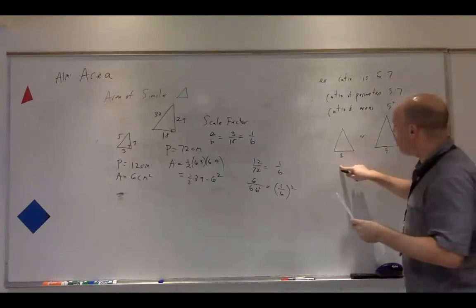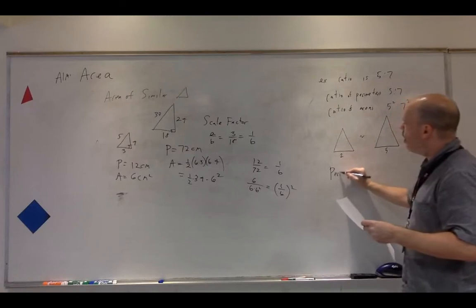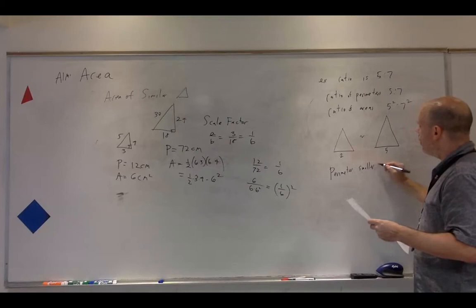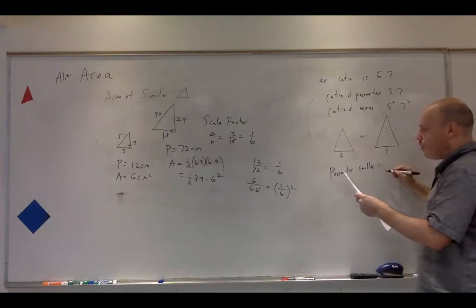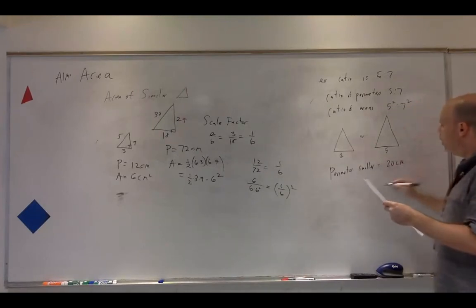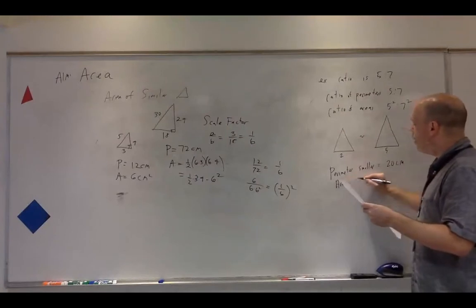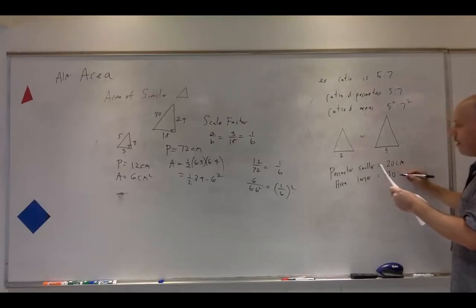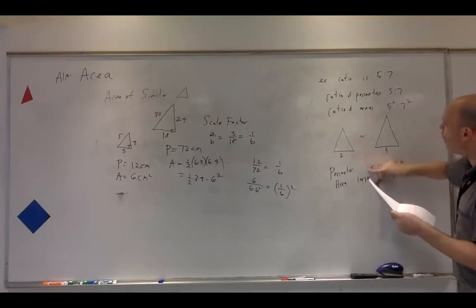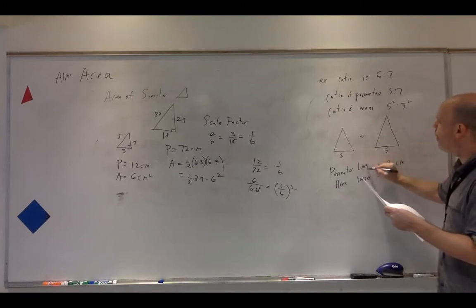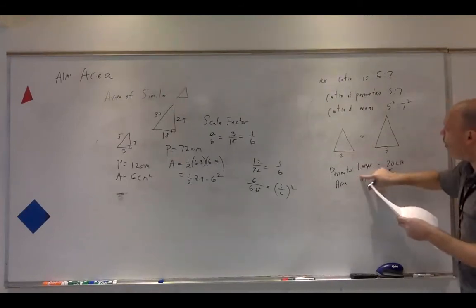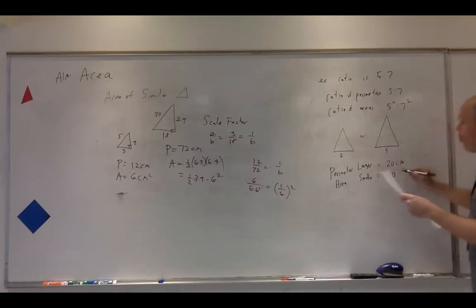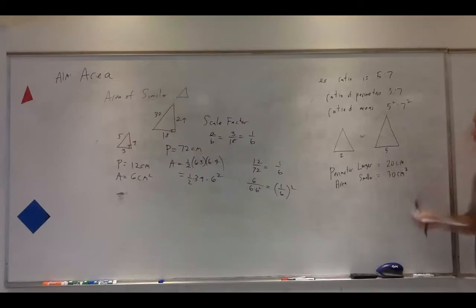Now we're told that the perimeter of the larger is 20 centimeters, and the area of the smaller is 30 centimeters squared.